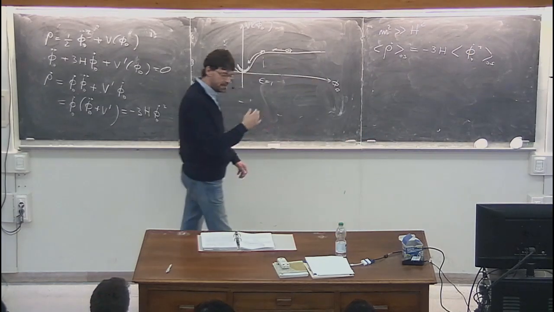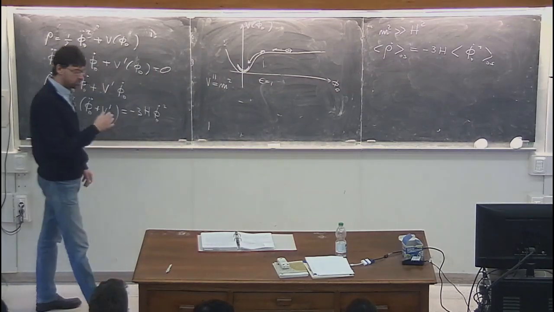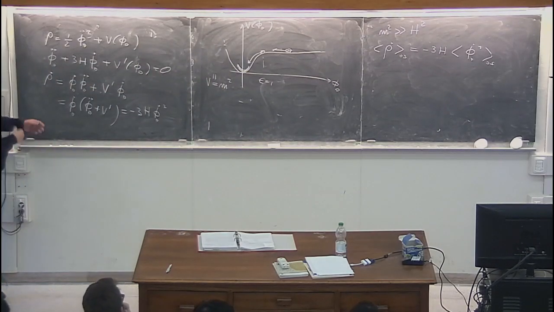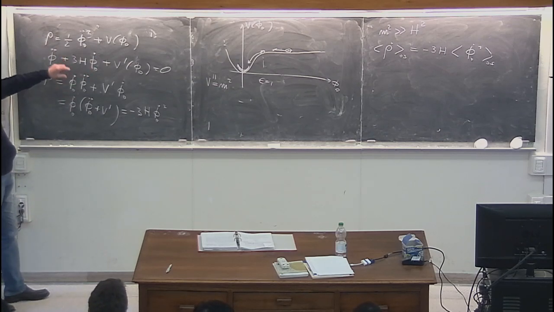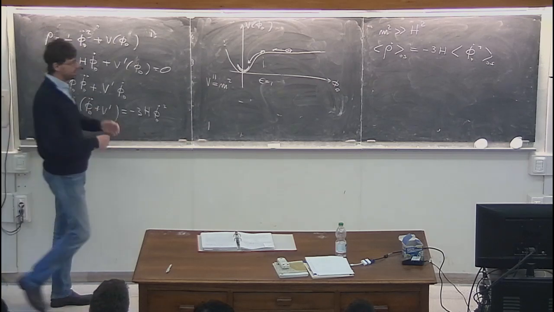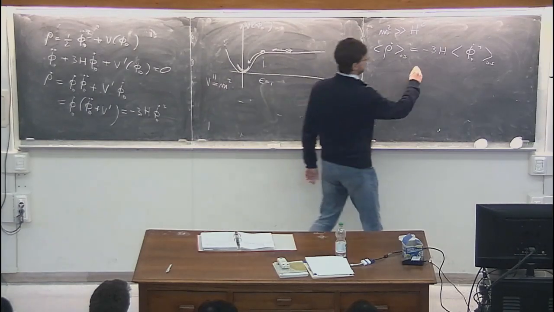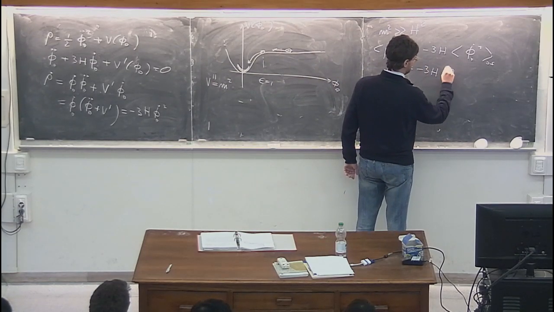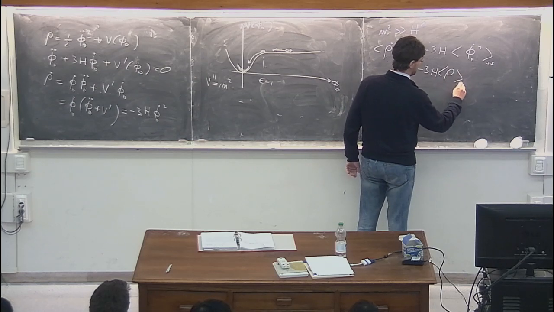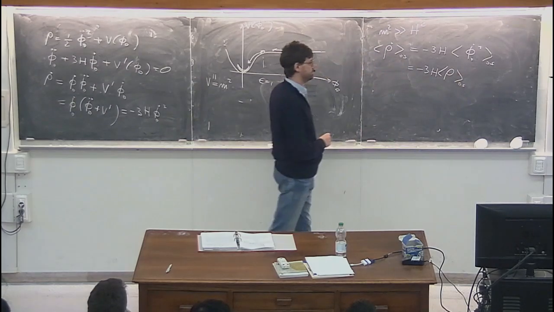But if you remember, for an oscillator, you can prove it by putting the cosine, for instance, and doing the average over a period, phi dot squared is nothing else than rho itself, because there is equipartition. So this is minus 3H times the average of rho over many oscillations.